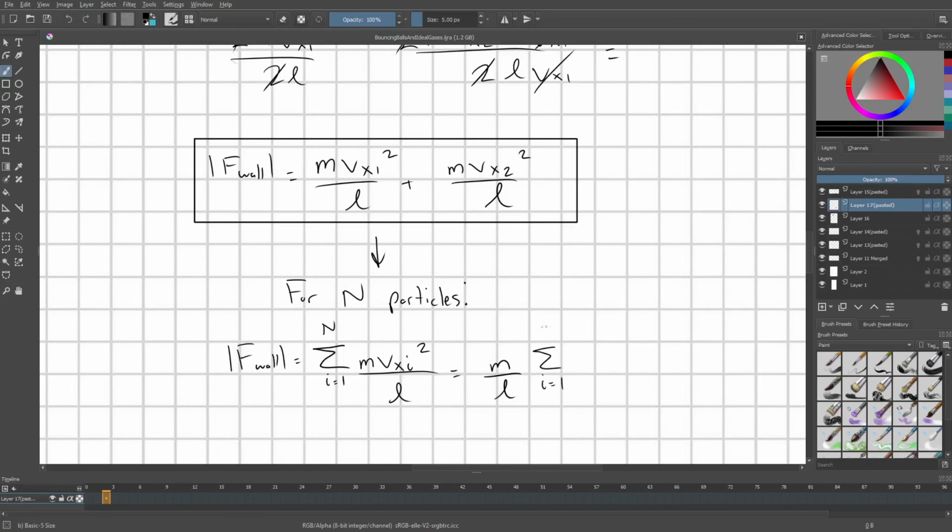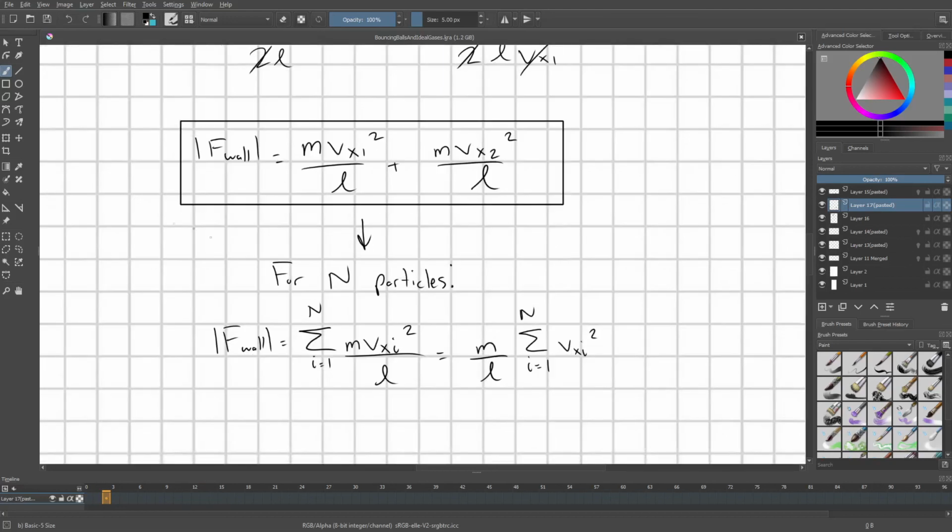And we're just summing up all of the velocities squared. And this is what our force would look like for n particles.